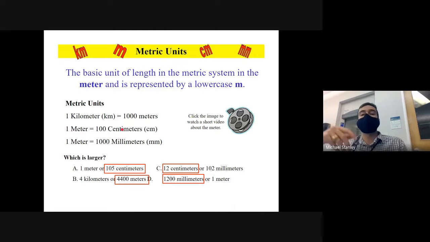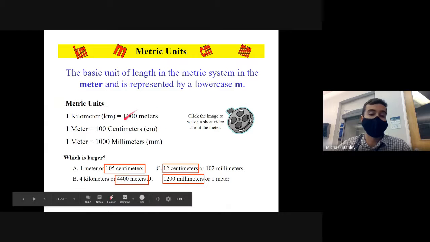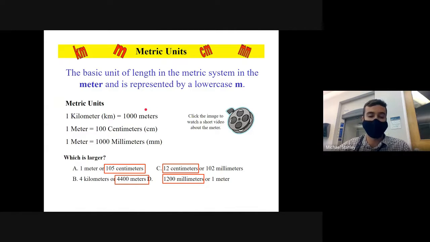So instead of our weird American system of 12 inches is a foot, and then 3 feet is a yard, and then 1,700 something yards is a mile, or 5,280 something feet is a mile, all those are weird random numbers. And the metric system and the SI system, it's all based around tens, hundreds, and thousands.